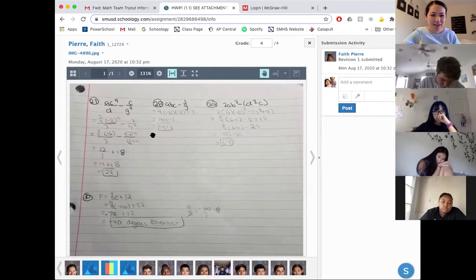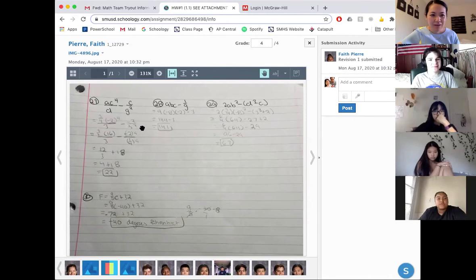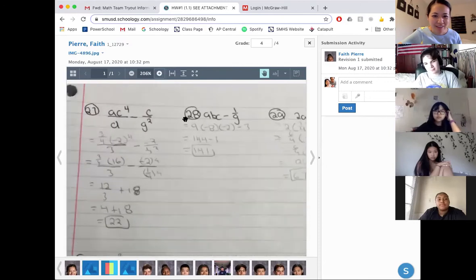So Faith, it looks like you plugged in A, which is 3 over 4, C, which is -2, D, which is 3, C is -2, and G was, is that 1 over 9, Faith? It's 1 over 3. Oh, okay, got it. Sorry. Yep, 1 over 3. Let me zoom in. There you go. That's easier.